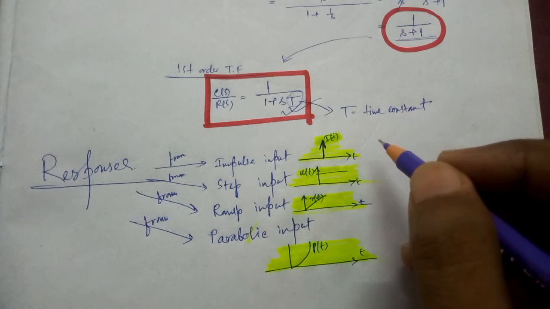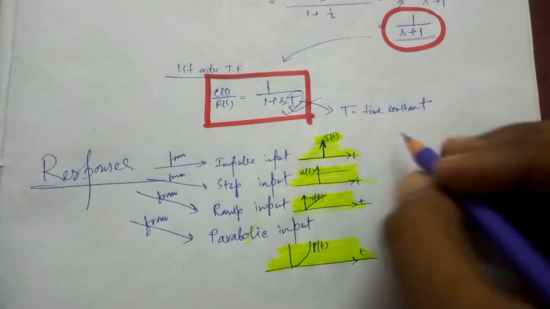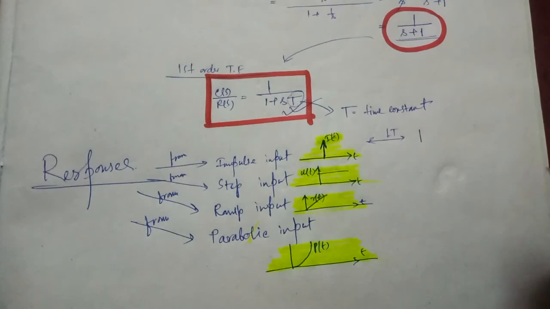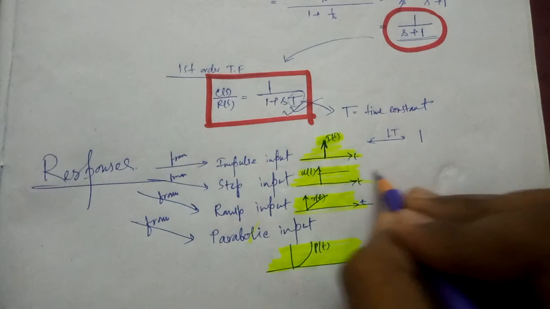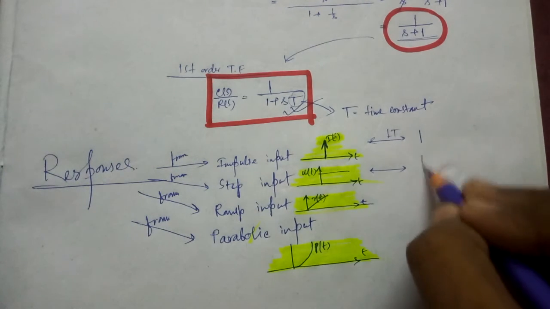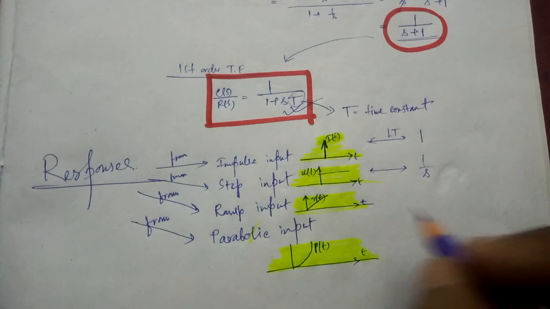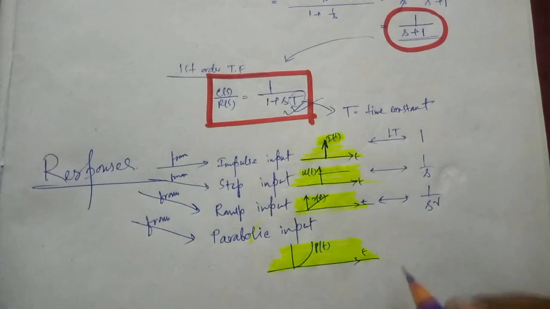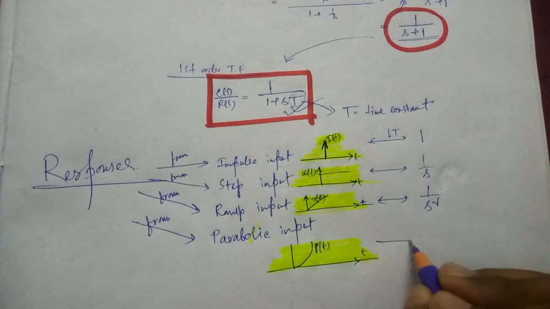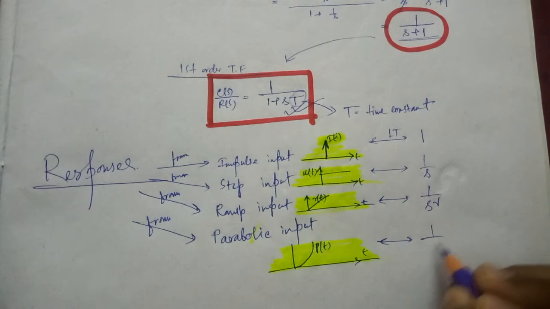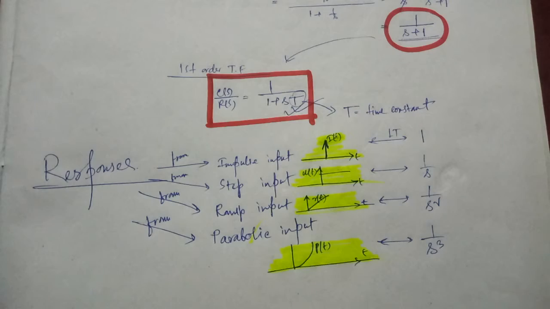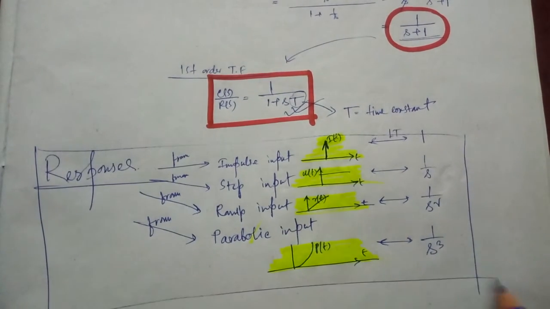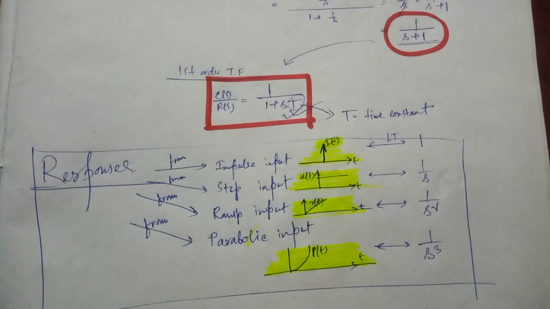The impulse input's Laplace transformation is 1. In case of step, it is 1 by s. In case of ramp, it is 1 by s square, and in case of parabolic, it is 1 by s cube. You have to remember this whole chart and never forget this.